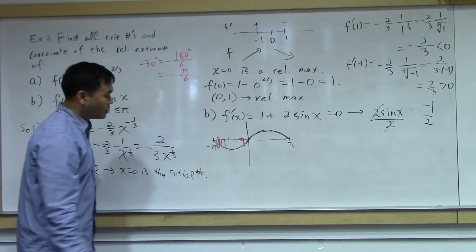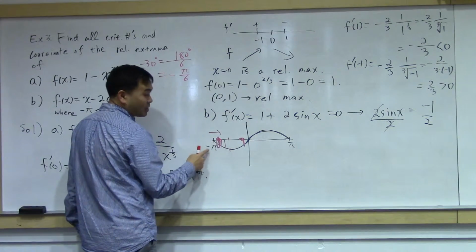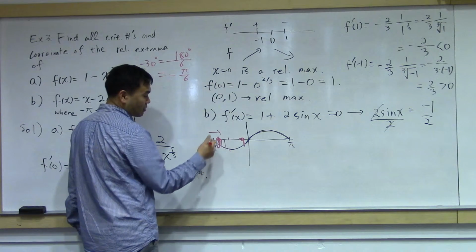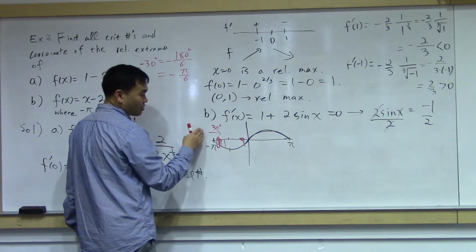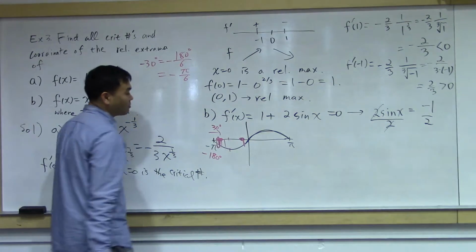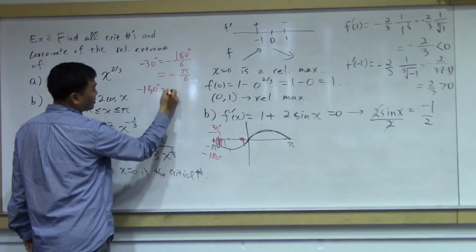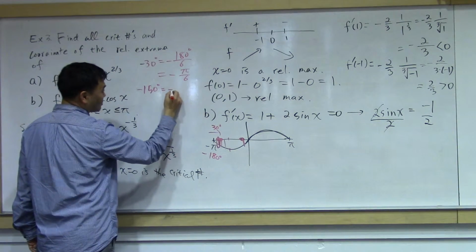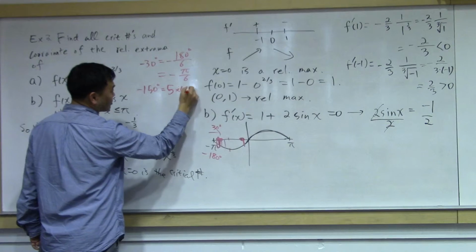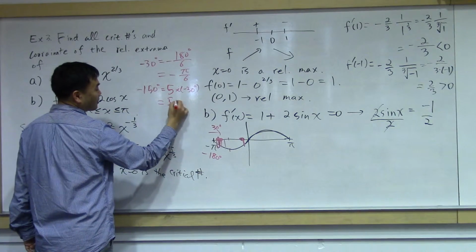Okay? And this point will be like 30 degrees from negative 180 degrees, right? So because you have to go 30 degrees from this negative 180 degrees, this point is negative 150 degrees. And it's like 5 times negative 30 degrees. So you just take this and multiply by 5.